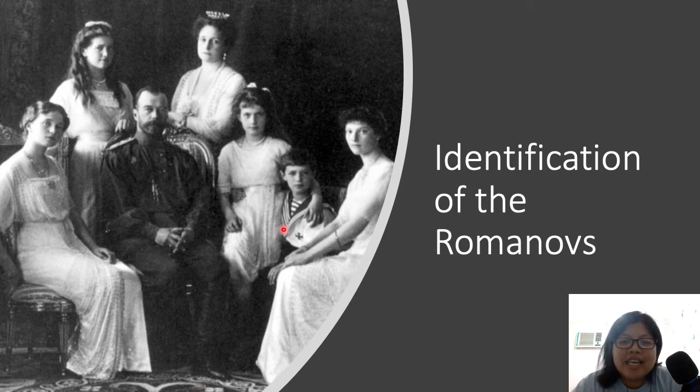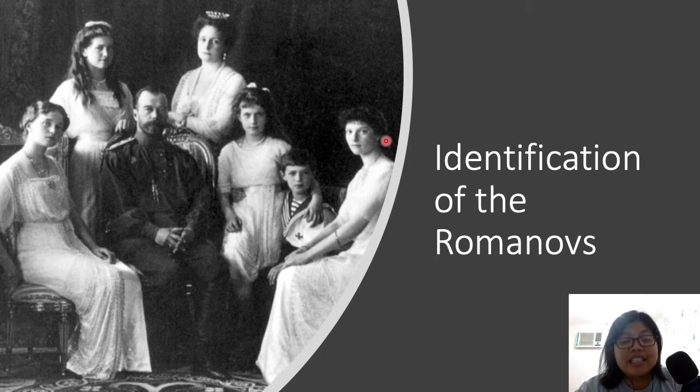Now, in 1917, a local geologist, Dr. Avdonin, I think, was able to locate a mass grave containing the remains of the royal family and some of their servants. Now, in 1991, DNA analysis was done on the recovered remains.